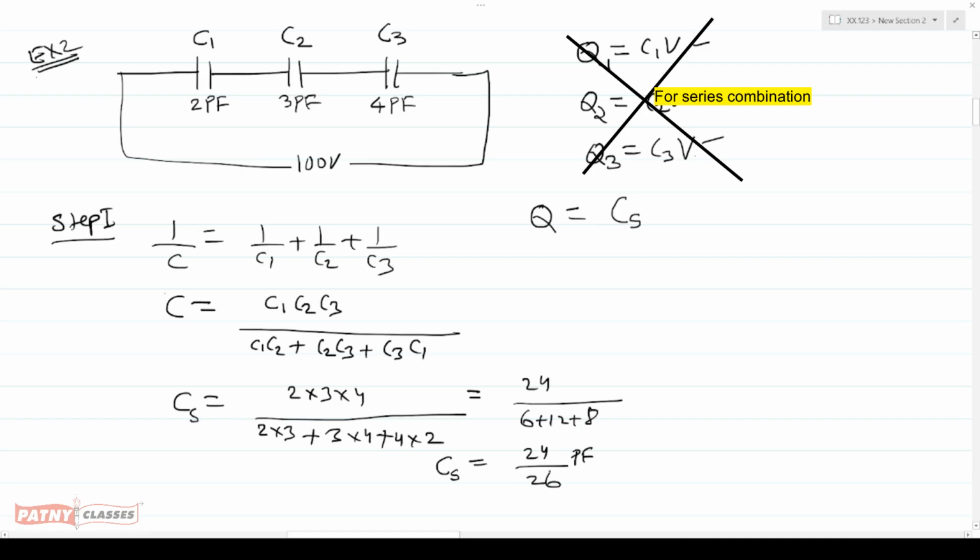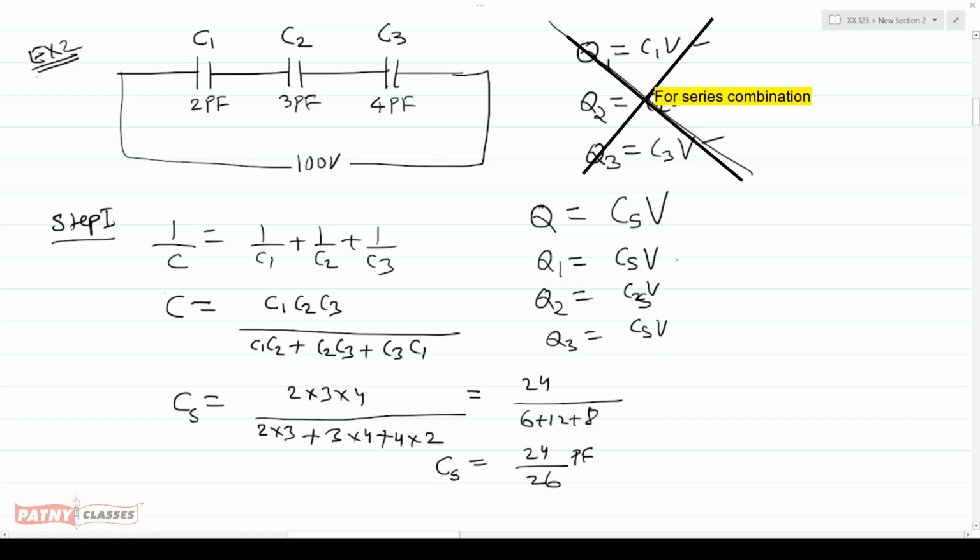We have the CS value 24 upon 26 picofarad multiplied by V, that is Q1 equals CS into V, Q2 equals CS into V, and similarly Q3 equals CS into V. Therefore, for the series combination, we cannot use the earlier formula. The charge on every capacitor will be the same.